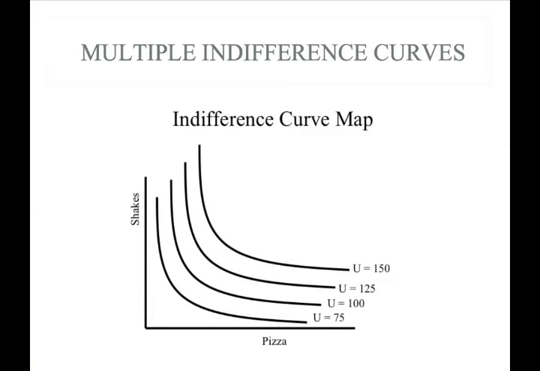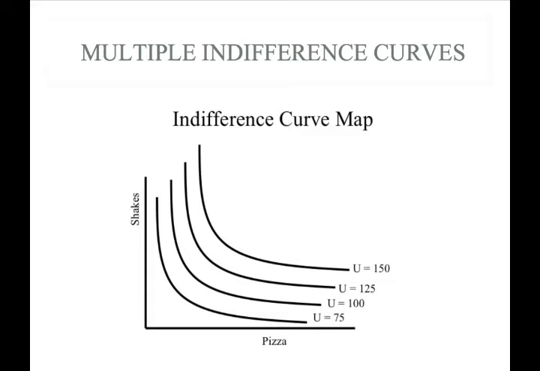It's also very important to remember that we don't just have one indifference curve. It's not like some curve that has been plotted out from our measure of utility and that's the only curve. The utility curve is showing us how much utility we would get from different bundles of goods. Well, if the numbers of pizza or the numbers of shakes possible is very, very high, we have to take into consideration all the possible combinations.